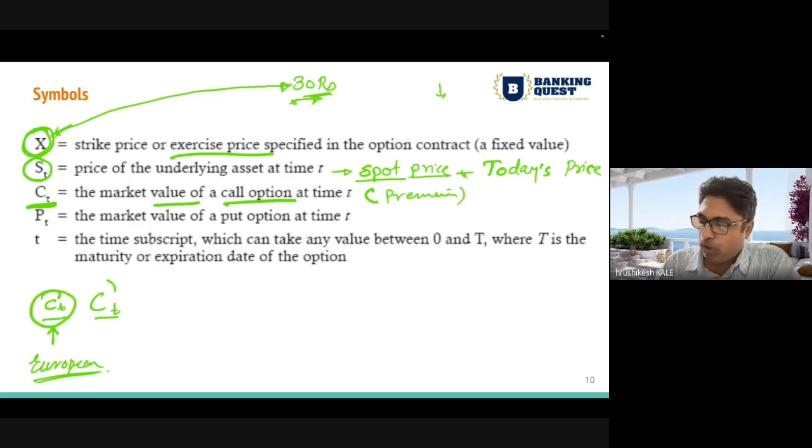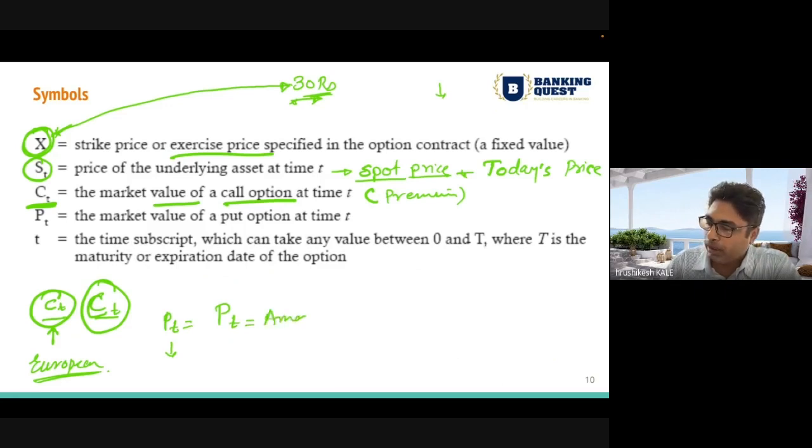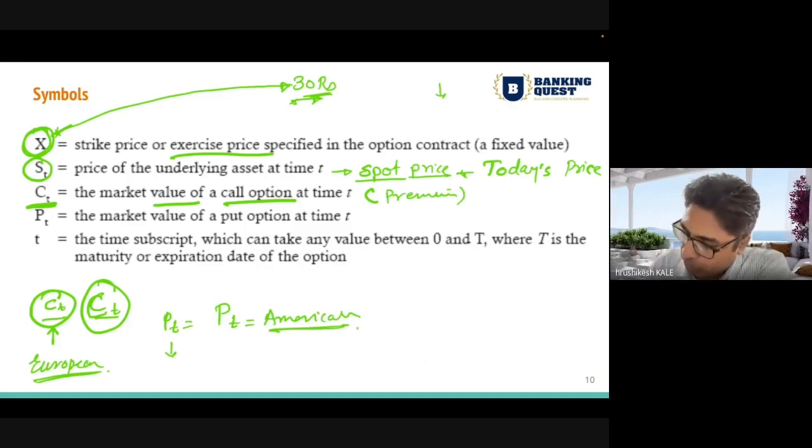If you want to value American call option, you use capital CT. Similarly, small pt is for European put option value, and capital PT is for American. So in valuation we use small letters for European and capital letters for American options.